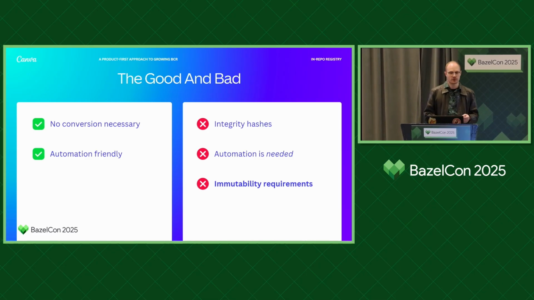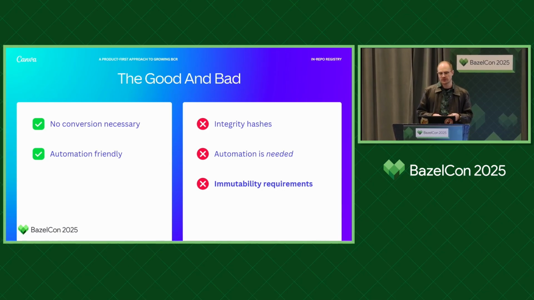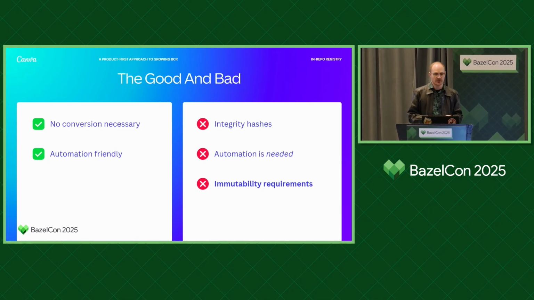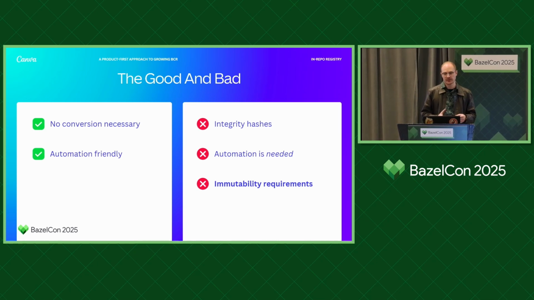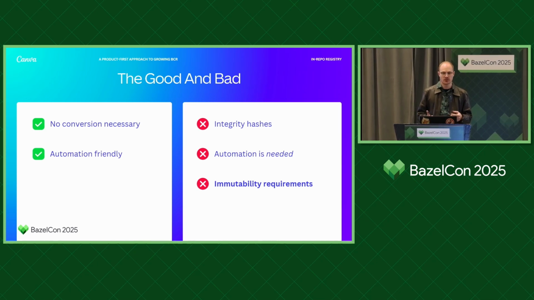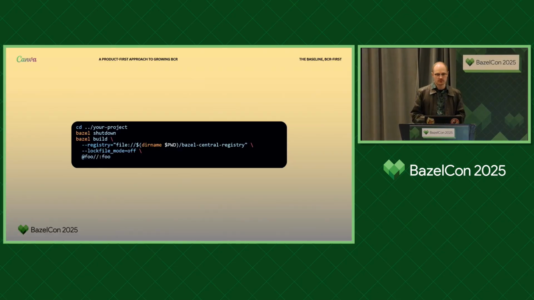Unfortunately, these are overshadowed by flaws. While it is normal and expected that source archives need an integrity hash, registries also need hashes for every patch and overlaid file. Consequently, automation is needed to avoid becoming bogged down by such tedious work. However, the biggest issue by far is the immutability requirements. Recall the command for testing BCR changes.